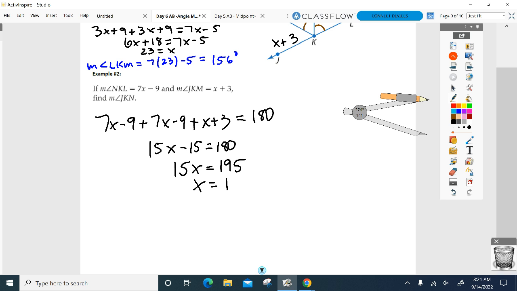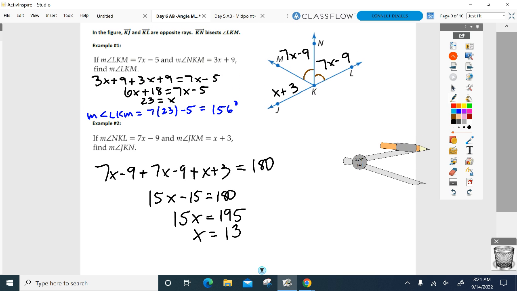X is 13? All right, but remember, we're looking for JKN, right? So not only do I have to plug x into x plus 3, but I also have to plug it into 7x minus 9. Everyone see that? To get JKN.